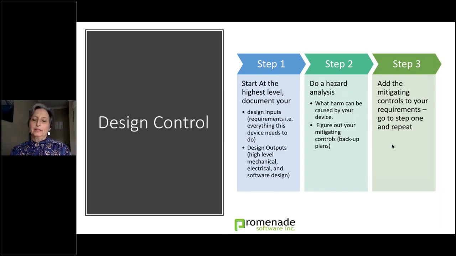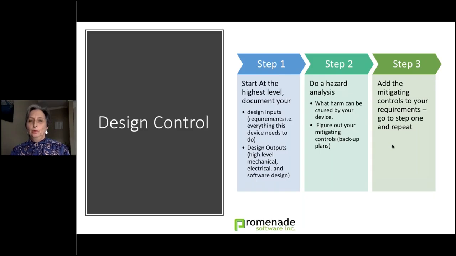Then you can do a hazard analysis. The hazard analysis is probably one of the most critical steps when designing a medical device. The reason is that this is a safety critical device. You can actually do harm, so you need to prevent that.